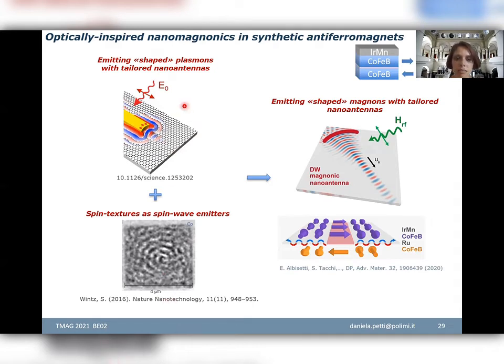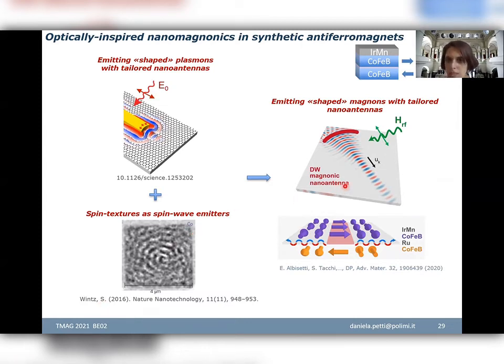And the idea is to combine this mechanism with the use of spin textures that have been demonstrated to act as spin wave emitters by this nice work of Sebastian Wintz.